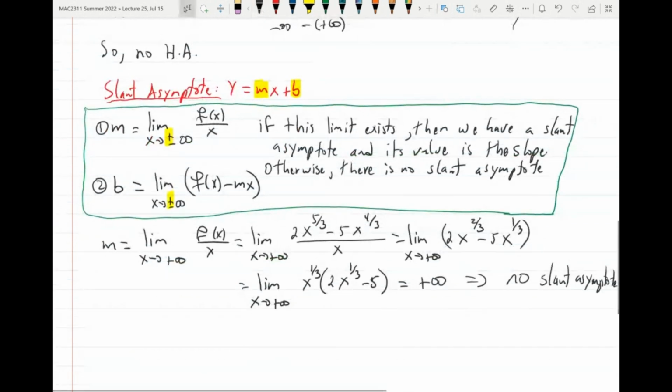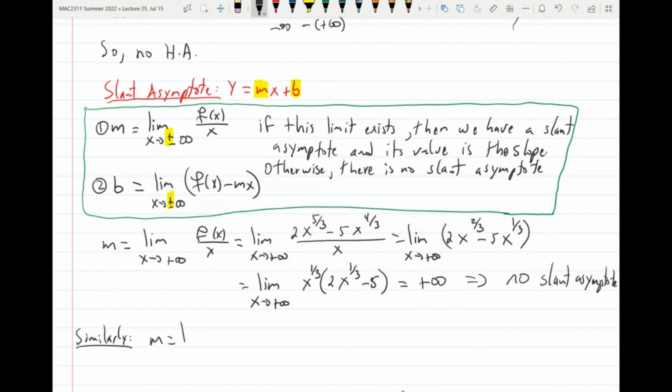But now notice that if you do negative infinity, the same thing that happened above is going to happen. If you look at the limit as x approaches negative infinity of the function divided by x, what are we going to get? It's exactly the same expression, so we factor and get the same expression, and this time there's negative infinity.